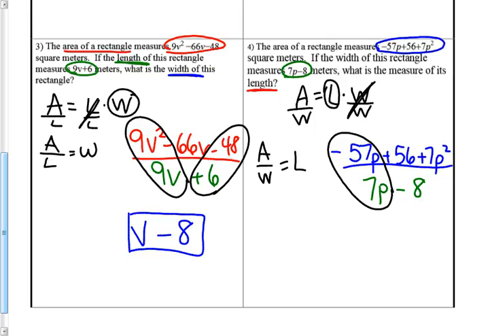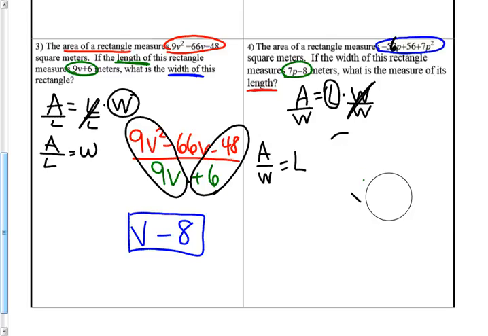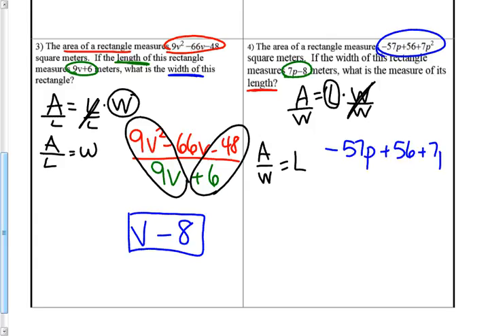Let's make this 56 here. Oh, I know what the problem is. I'm sorry about that. Let me fix this again. It'll work out just fine. What we've got to do is just rearrange this here. So I'm going to rewrite that. Negative 57p plus 56 plus 7p squared divided by 7p minus 8.